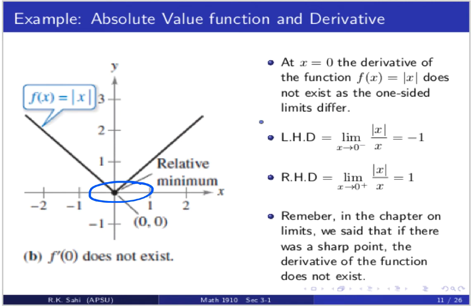Also, if you remember the definition of the derivative using the limit process, we would also see that the left-hand derivative is not equal to the right-hand derivative. The left-hand derivative is -1 and the right-hand derivative is 1. So we can also see it from the one-sided limits.